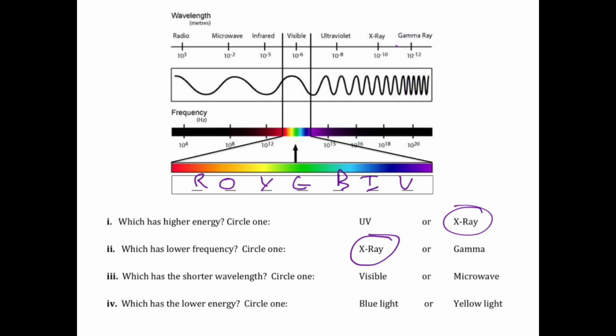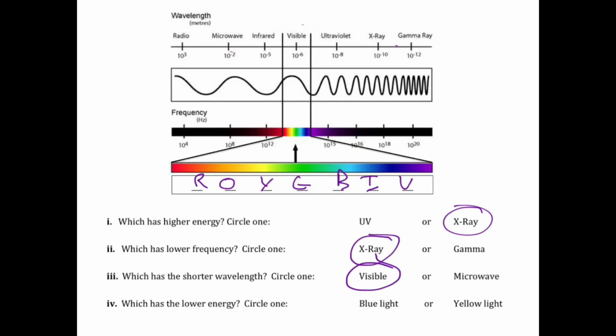All right, next one. Let's look at visible light. Which has the shorter wavelength, visible or microwave? Here's visible, here's microwave. Well, this is a larger wavelength right here, and so that means visible light will have a shorter wavelength.